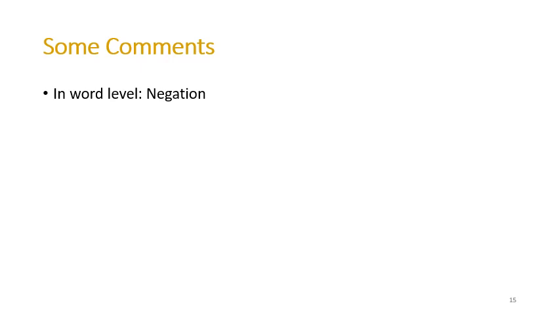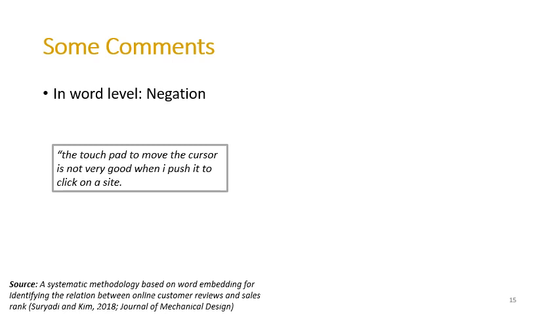At the level of the word, when we're doing sentiment analysis, we also need to pay attention to the existence of negation words. For example, here the sentence says, the touchpad to move the cursor is not very good when I push it to click on a site.